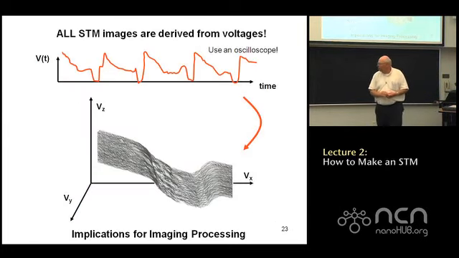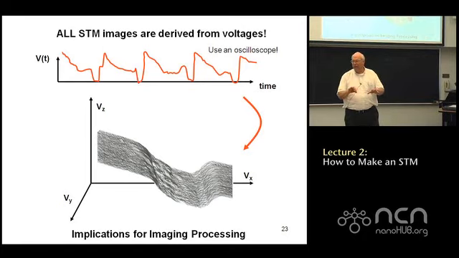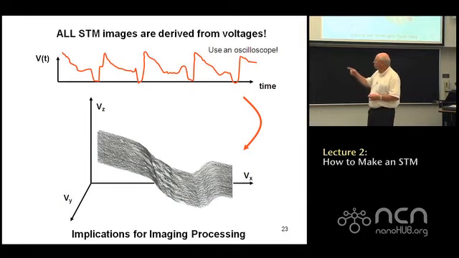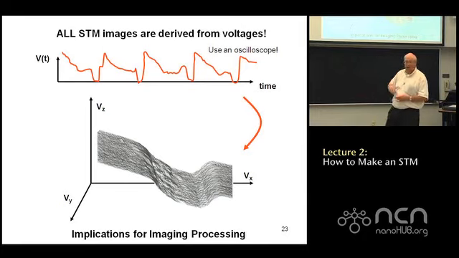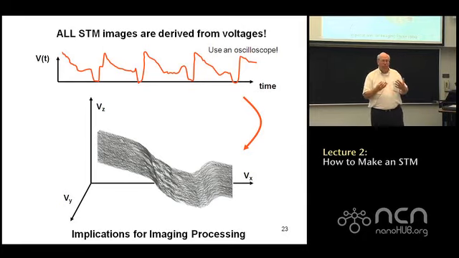The thing I always try to tell new students, even if they're doing AFM, right? Of course, it should be obvious if you're doing STM, but if you're doing AFM, it's a little bit more remote. All the signals, all the images that you measure are voltage images, right? When you see these images in X, Y, and Z, those images are really derived from voltages that the computer measures in the course of scanning a tip over a substrate.